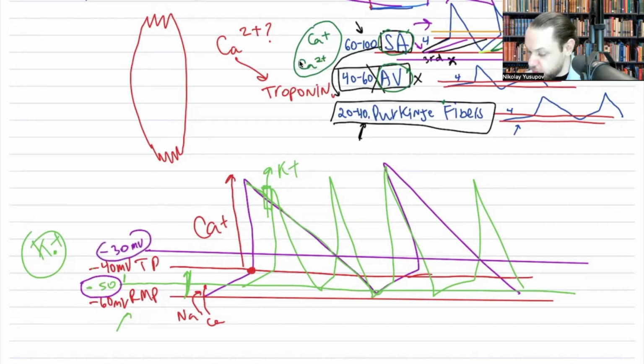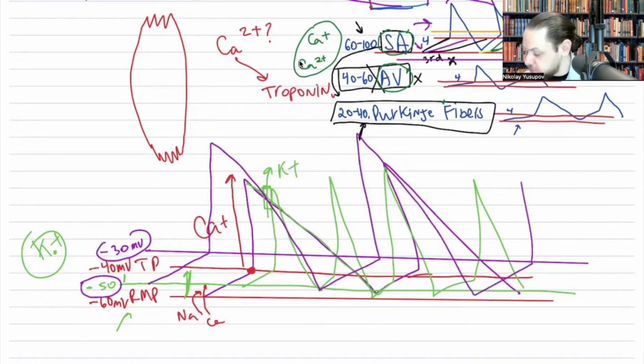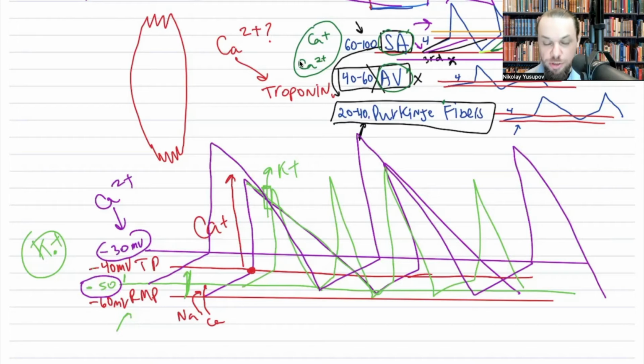So now I restored this gradient, and we're back into a normal phase. The goal of calcium chloride is to raise the threshold potential and restore this -20 millivolt gradient between these two. So there's less chance of triggering impulses, and less chance of them going into ventricular tachycardia.